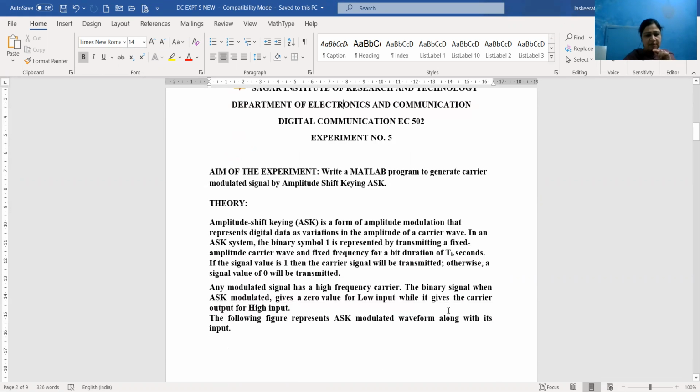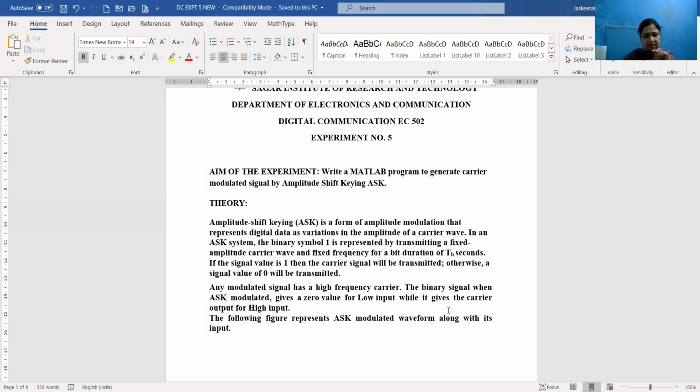Amplitude shift keying is a form of modulation that represents digital data as variations in the amplitude of a carrier wave. In an ASK system, the binary symbol 1 is represented by transmitting a fixed amplitude carrier wave of fixed frequency for a bit duration of Tb seconds.